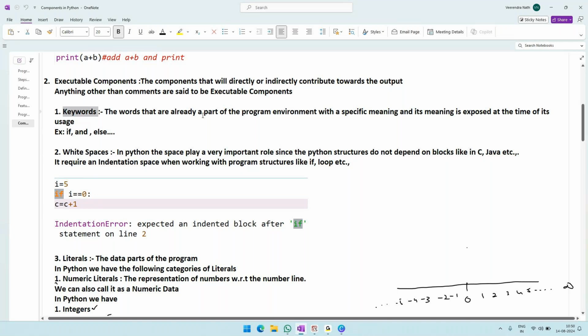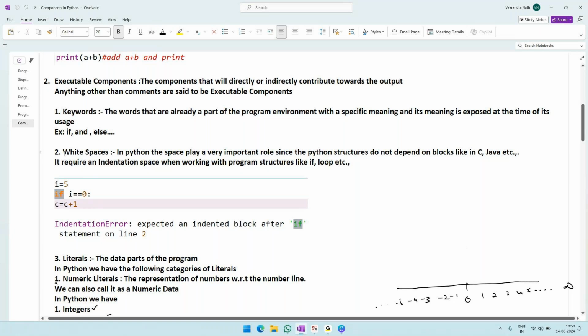Whenever you use a particular keyword, there will be an exposure of its property or its functionality. That is what a keyword is.